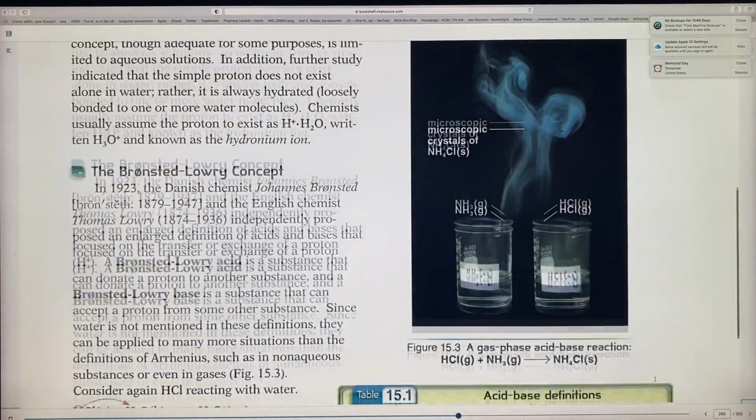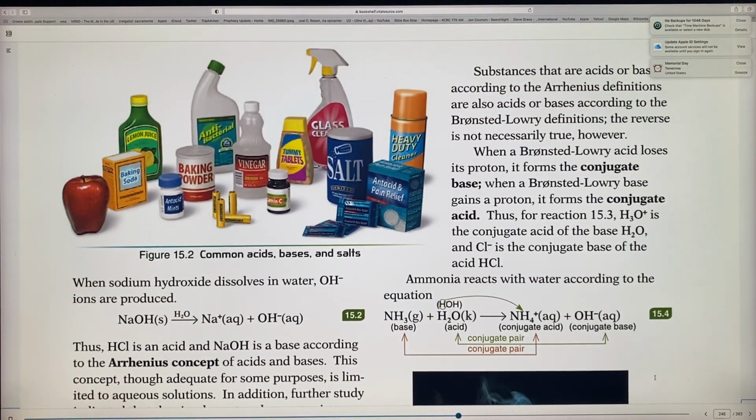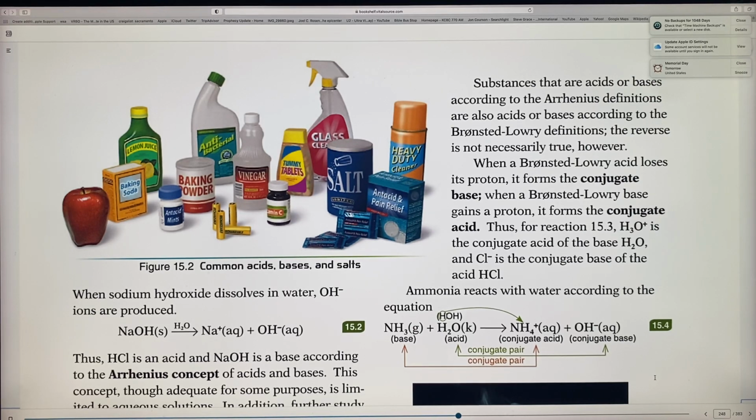So let's look a little further. It says Arrhenius definitions and Bronsted-Lowry definitions are similar, except Bronsted-Lowry definitions tell us more.